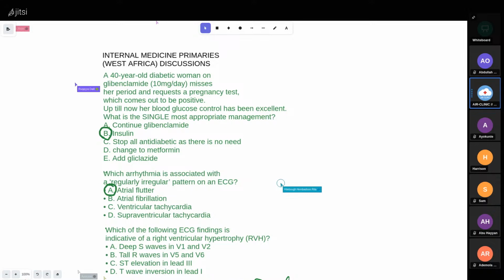So the point is that the right ventricular hypertrophy is like a reverse of the left ventricular hypertrophy. In left ventricular, you are considering RV1, okay, but in right ventricular hypertrophy, you are considering SV1. So that's basically the point of that question. So option A is the answer. Okay.